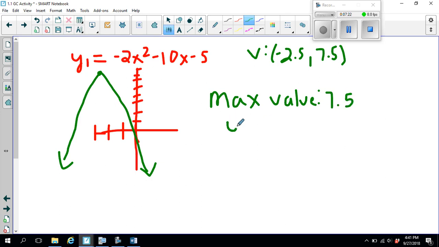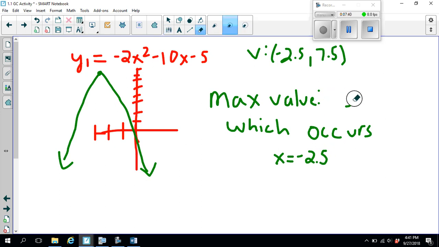And that occurs at our x value of -2.5. Okay, I'm going to make sure I put y equals to know that 7.5 was our y value. There we go. So our max value of 7.5 occurs at the x value of -2.5.